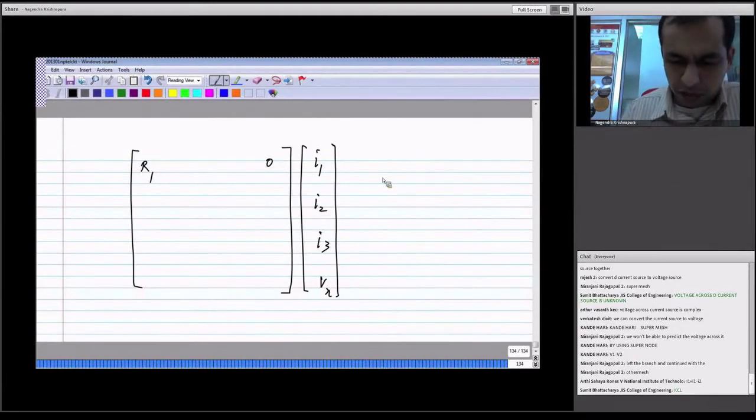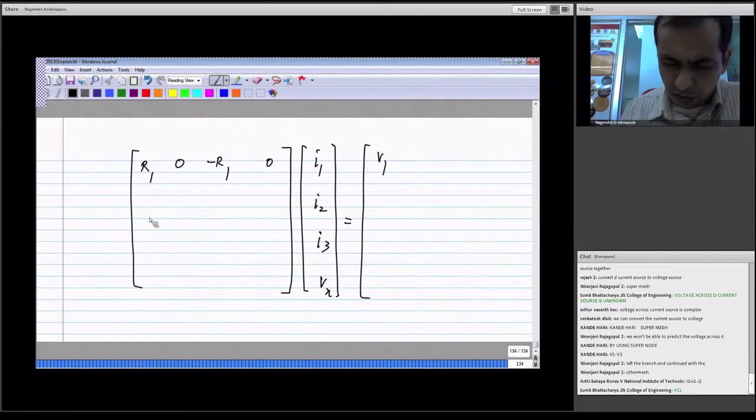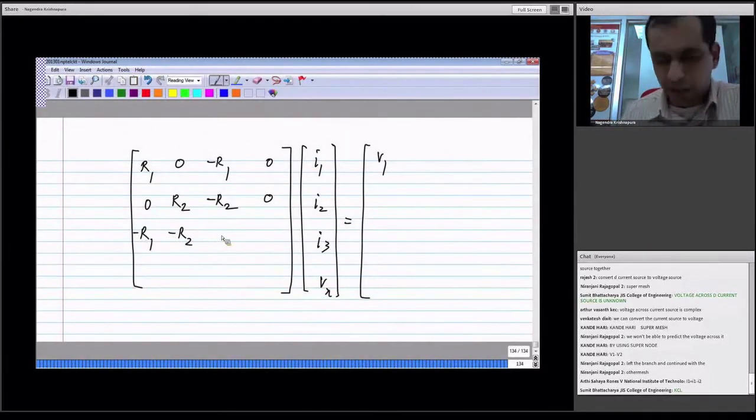Then for the second mesh, we'll have, and for the third mesh, we will have, and the last one will be just a definition of.